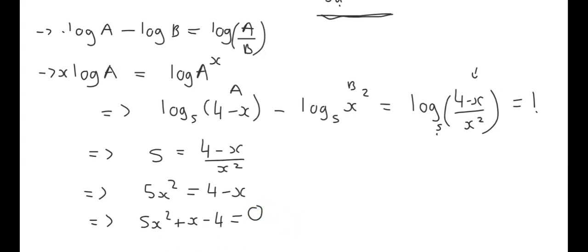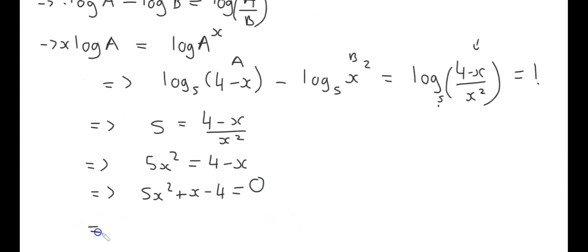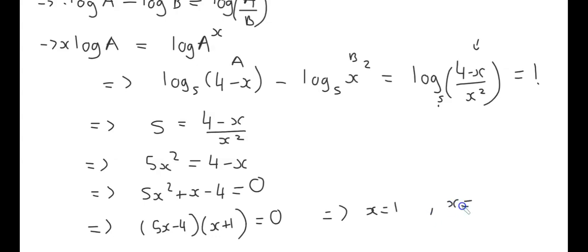And then always check to see if we can factorize this kind of thing to solve it. So that should be 5x minus 4, x plus 1, so that equals 0. And then that means that x is minus 1, and x is going to be 4 over 5.